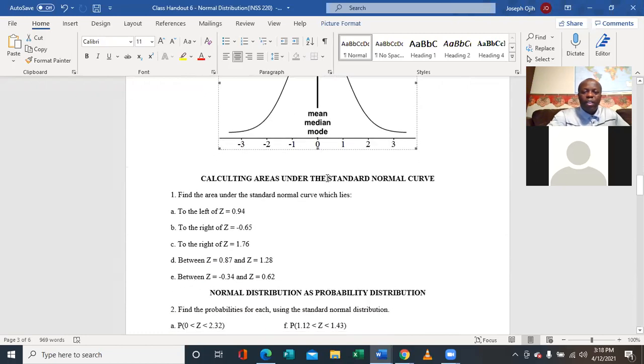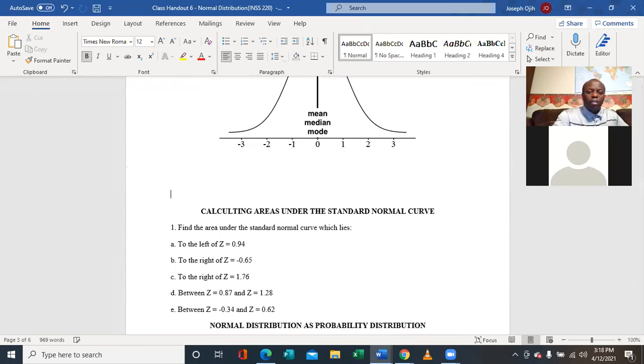The other half is 0.5, which gives a total area of 0.5 plus 0.5, which is 1.0, or 100%.